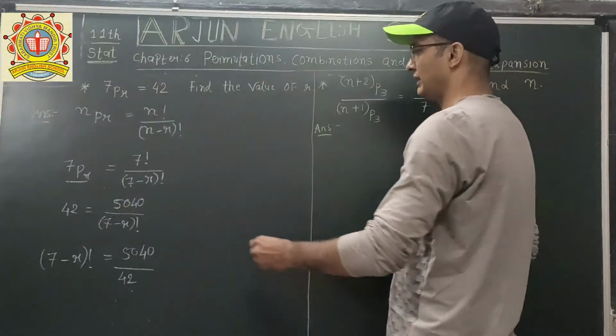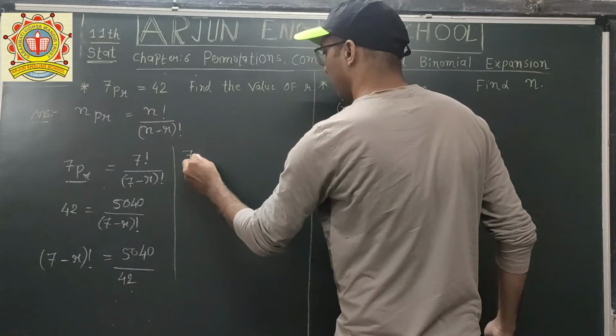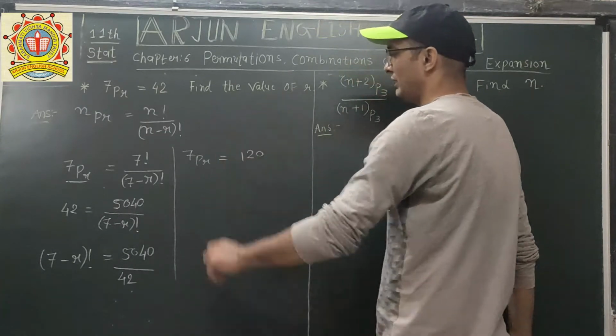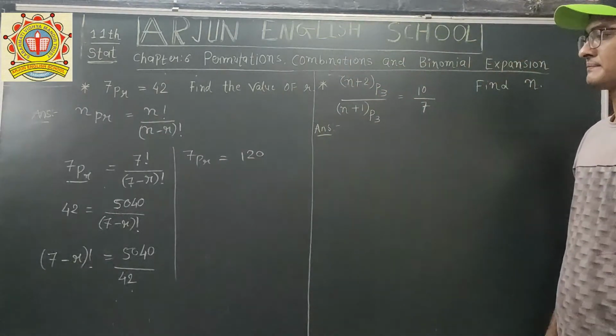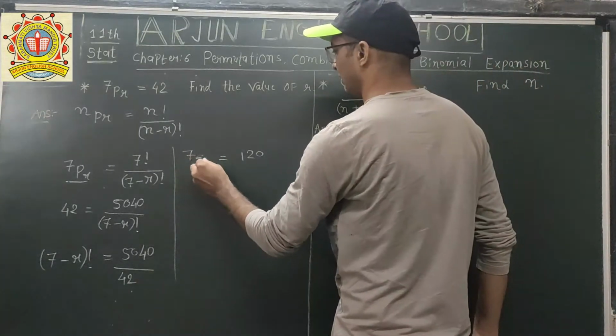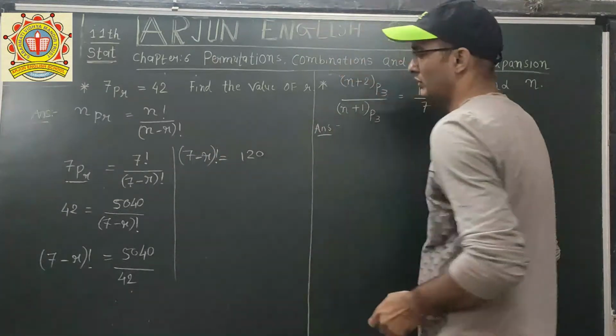It comes to 120. So, sorry, (7 minus r) factorial comes to 120.